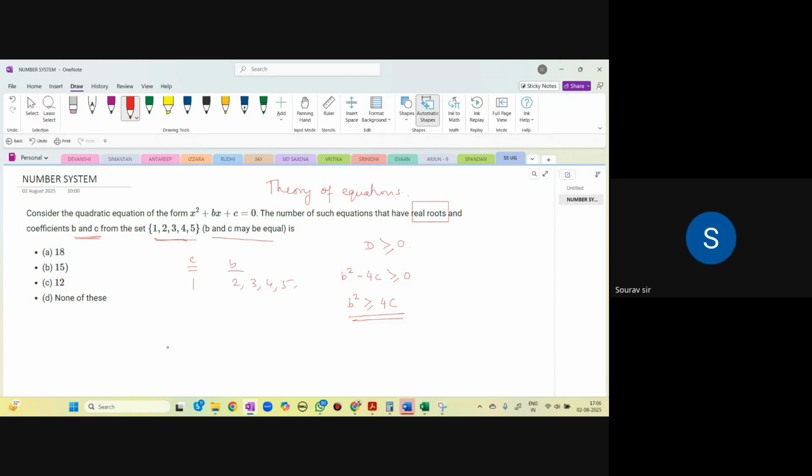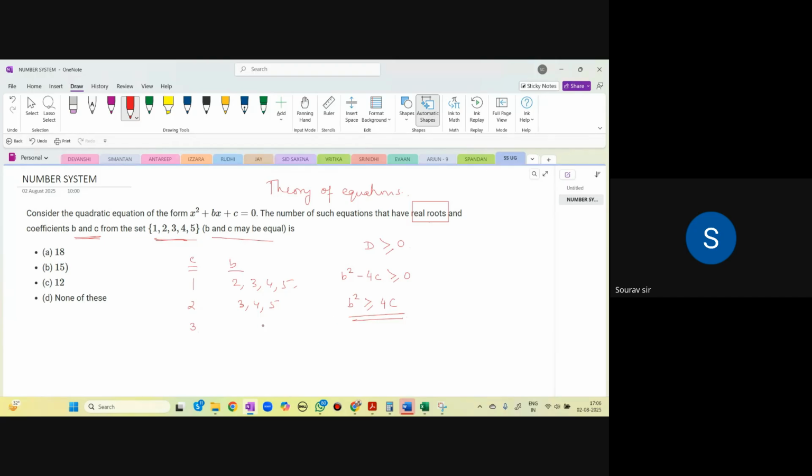Very good. Now if C is 2, then B square has to be greater than or equal to 8. So that means 3, 4, 5. C is 3. B square has to be greater than 12.